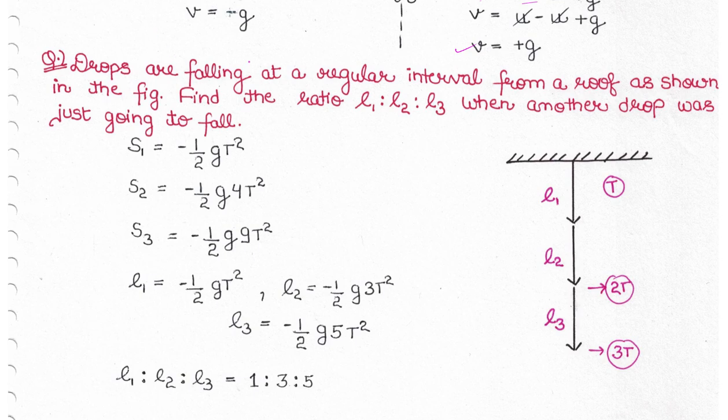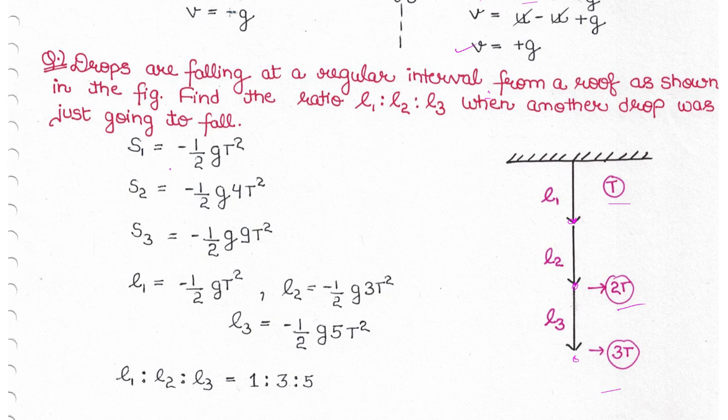Drops are falling at a regular interval from a roof as shown in the figure. Find the ratio of L1, L2, L3 when another drop was just going to fall. So water drops are falling, and this length is L1, this length is L2, and this length is L3, and for this length time is t, for this length time is 2t, and for this length time is 3t.